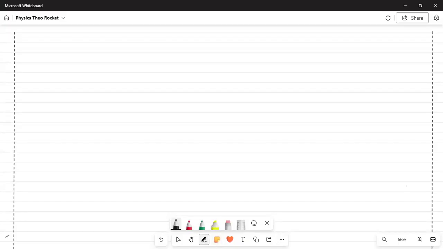Last day, we have seen the basics of the physical parameter momentum. Today, with the help of that basic knowledge of momentum, we shall discuss the motion of a rocket.